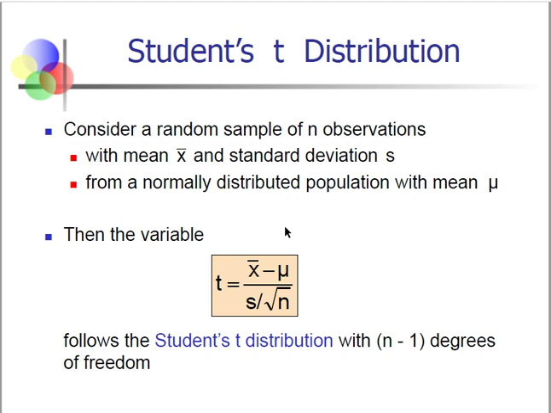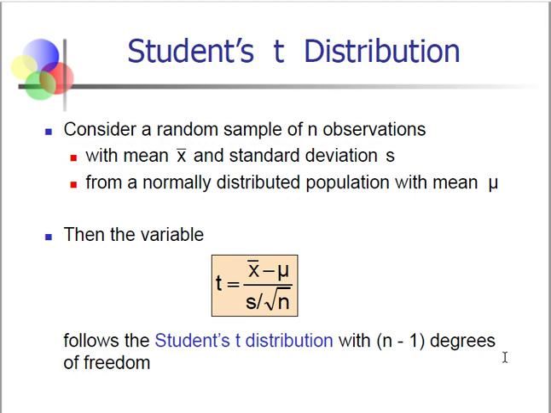The t value is just given by the sample mean minus mu, divided by the sample standard deviation over root n, and the degrees of freedom are n minus 1.